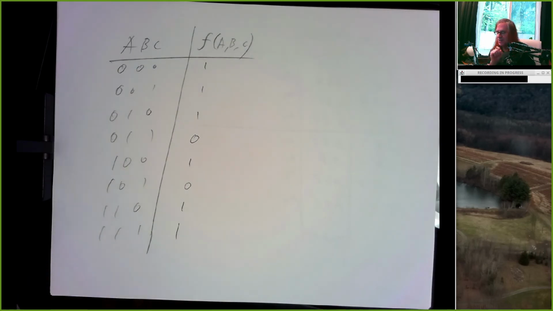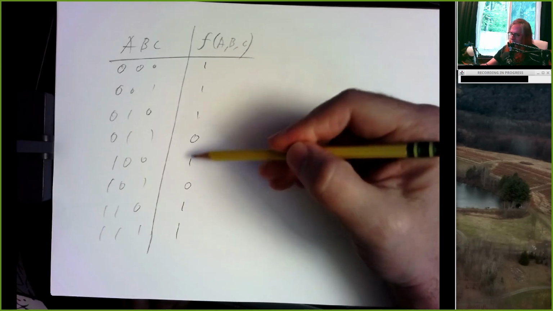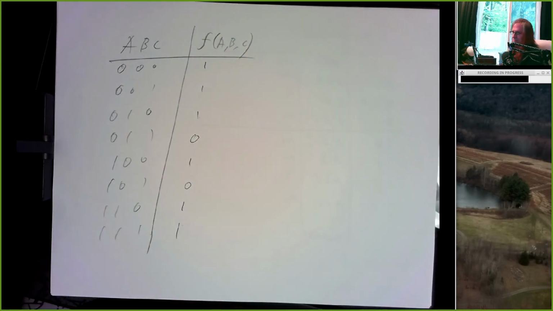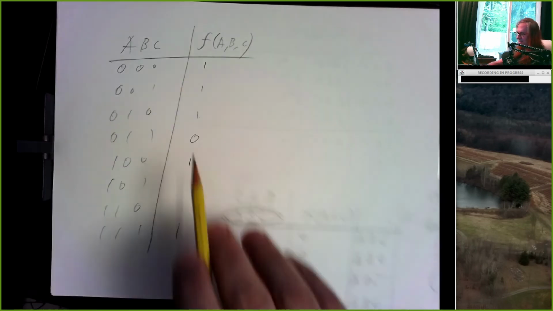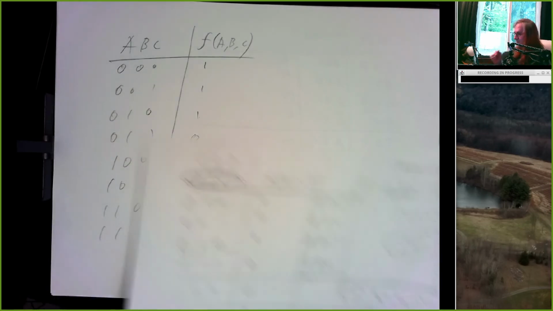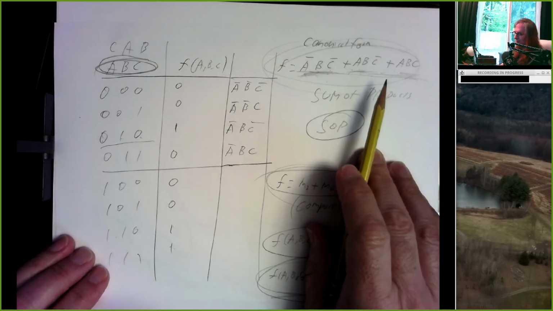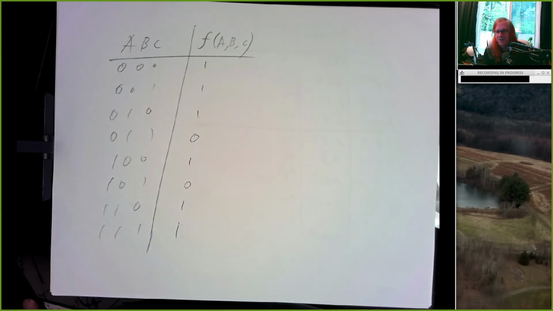So if I were to write this as a sum of products, I would have 6 product terms, M0, M1, M2, M4, M6, and M7, all ORed together. Each of those product terms is a 3-input AND gate, and since I have 6 of these, I need those 6 outputs to go into a 6-input OR gate. So there's a lot of logic involved in writing this as a sum of products.